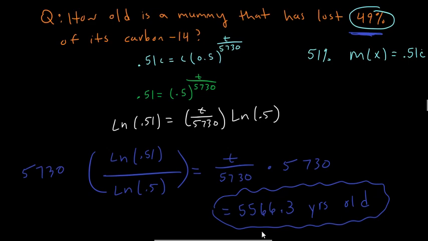Which then, if we think about where we're at right now, right, we're in the year 2000. So what is 5,560 years old in relation to that? Well, that's going to put that somewhere around 3000 BC, 3500 BC. Which makes sense. That checks out.